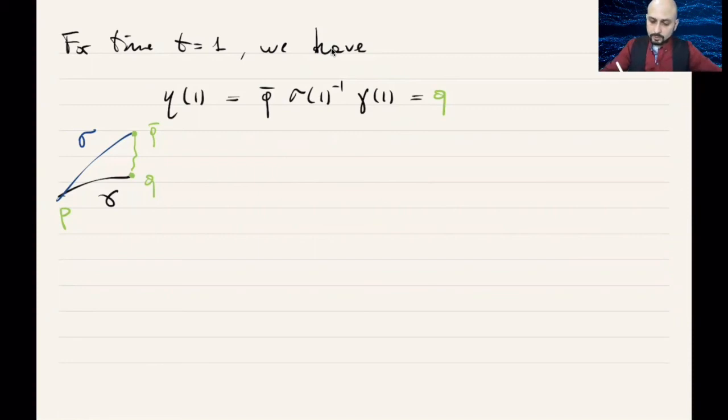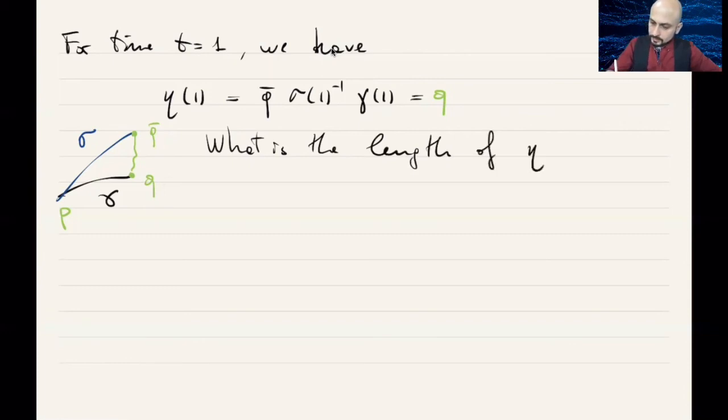Namely, I really want to prove that as lambda goes to 0, this q bar converges to q. Let's see if it is true. So let's estimate the Euclidean length of eta.